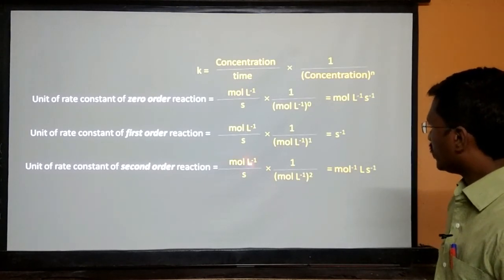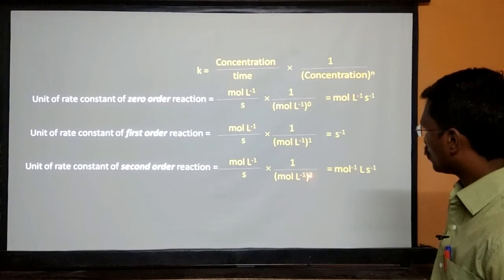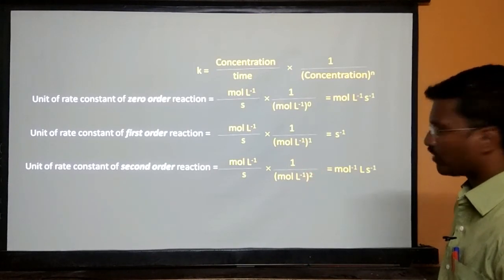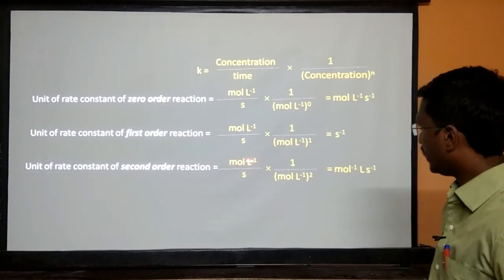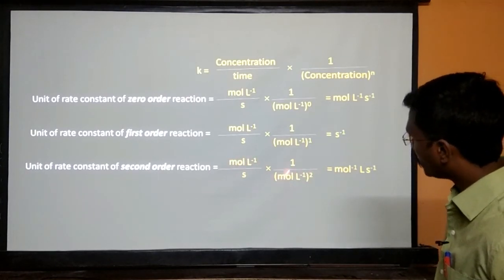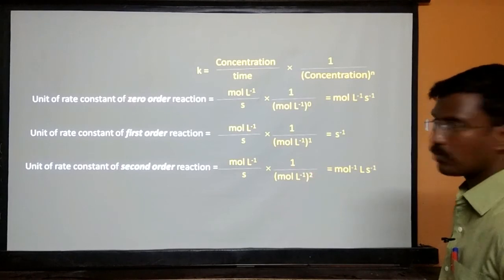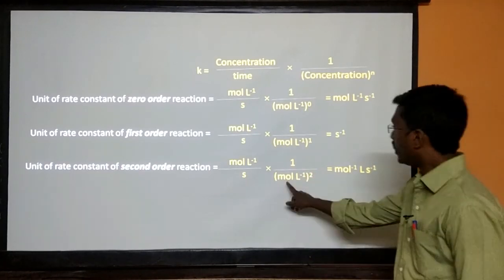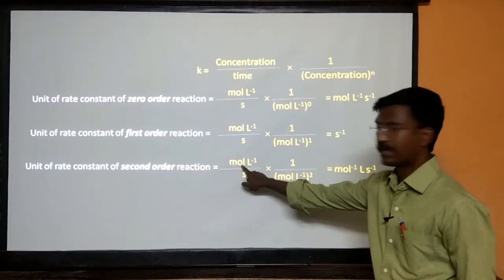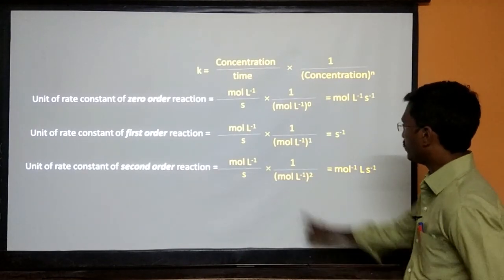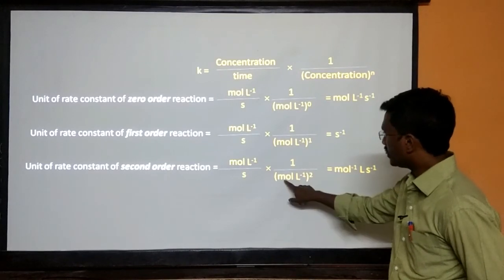Can you see here? Here it is 1 and here it is 2. If it comes above, it becomes minus 2, or we cancel one of the mole per liter here and one of the mole per liter here, and still one will remain. Therefore, one mole per liter will remain. This mole is positive.